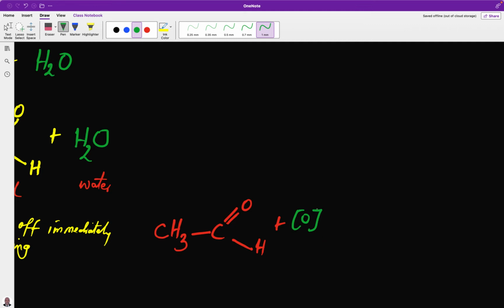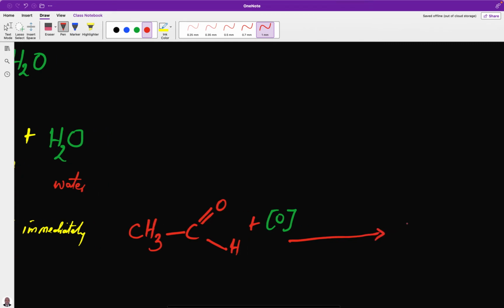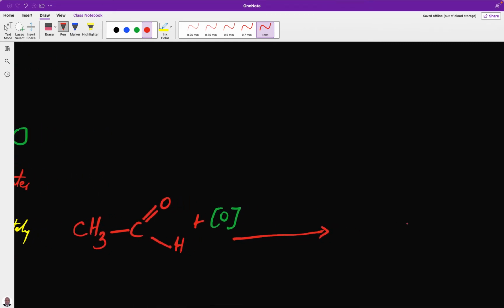It is going to undergo further oxidation if it is not removed. And this is the product that is being produced.